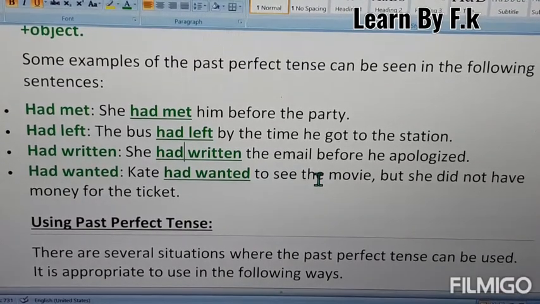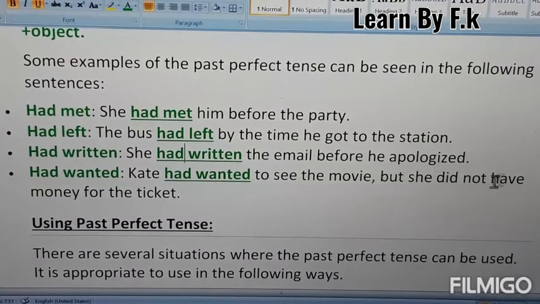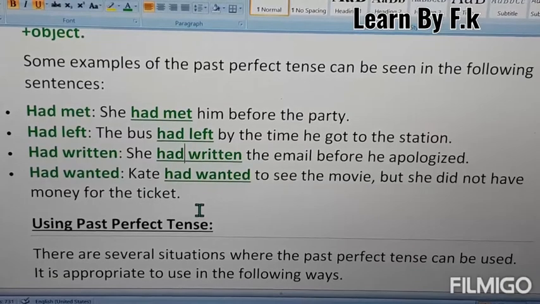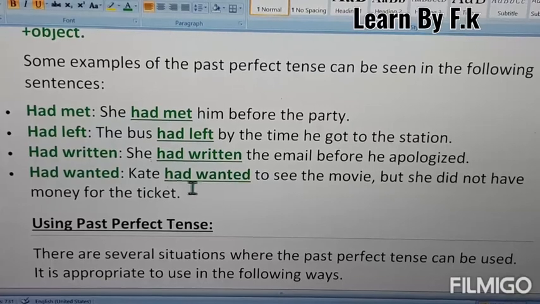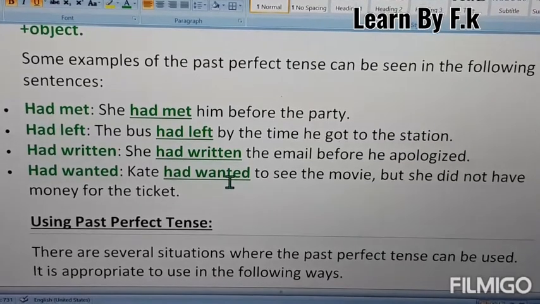But the second activity is what? She did not have money for the ticket. So this is the older activity, that she did not have money, but the more older activity is that she wanted to see the movie.